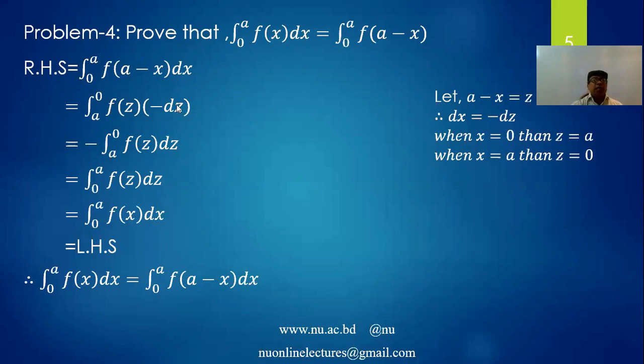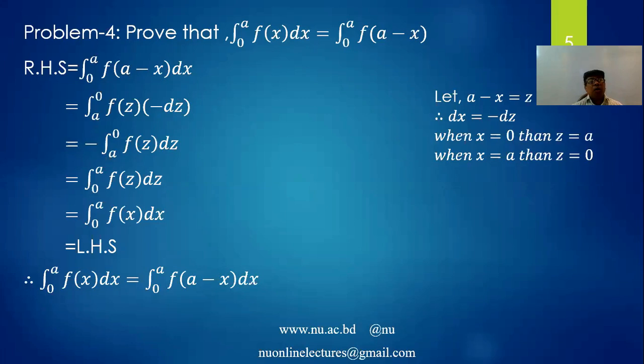Here, when x is zero, z is a, and when x is a, z is zero. Now f of a minus x becomes f of z, and dx becomes minus dz. You take the negative sign to the left side.